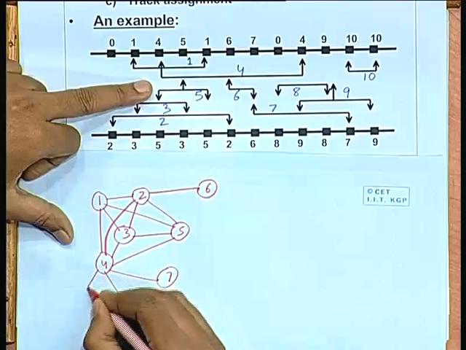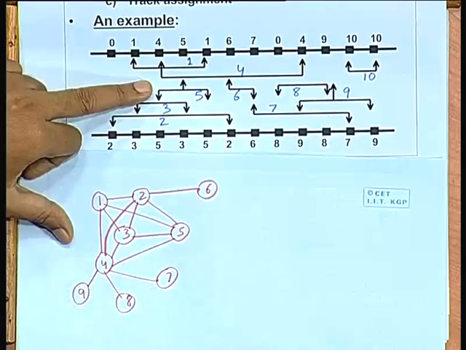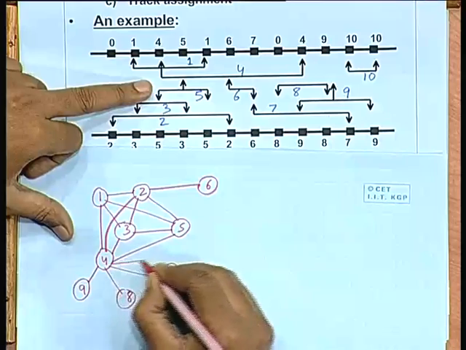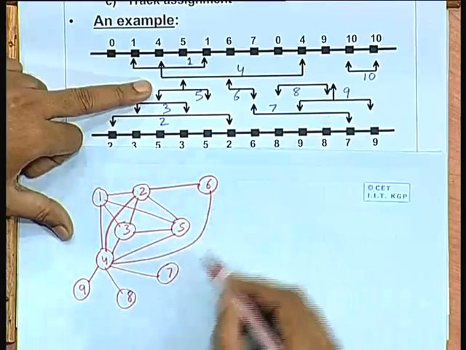8 and 9, 6 also, okay, 6 also. So, net 4 will be having an edge with 6 also.